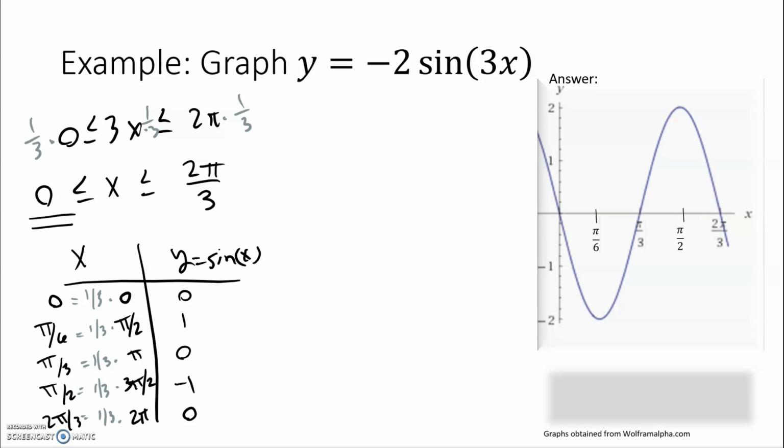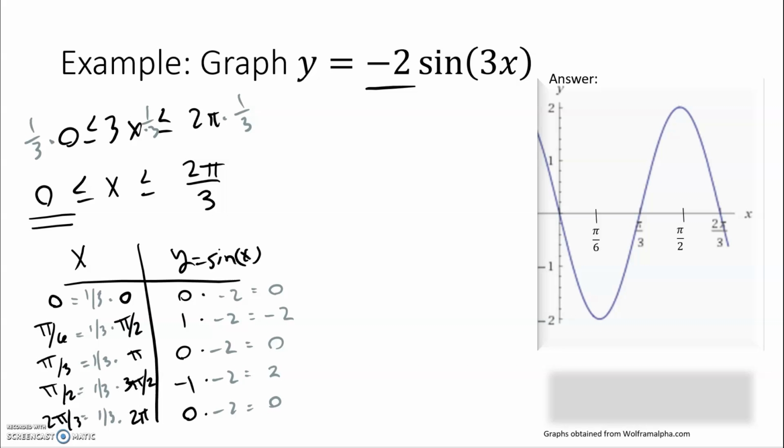Okay, now notice I do have an amplitude. My amplitude is going to affect my y values. So here I'm going to multiply each one of these by negative 2. So I'll get a 0, negative 2, a 0, a positive 2, and then a 0.